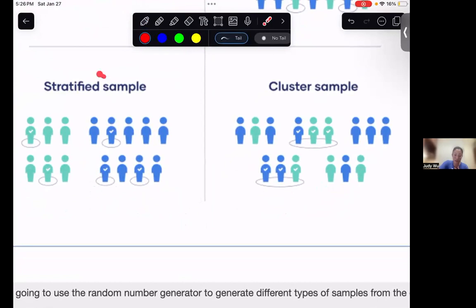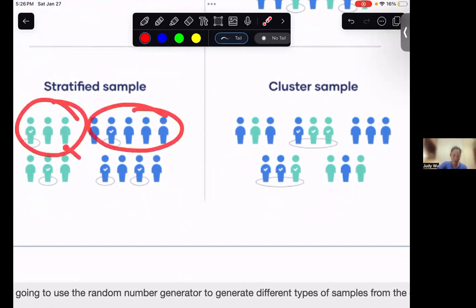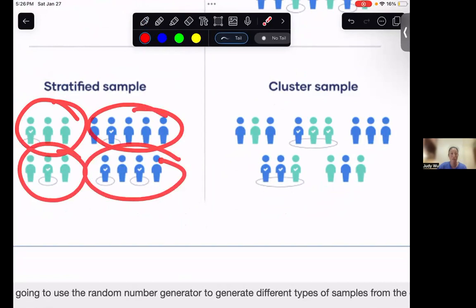Okay, so you might think about it, you stratify them, or you divide them into strata, or into clumps. Okay, but the difference here is that in a stratified sample, in each clump, you pick, like, say, 1 person or 2 people. So you pick representatives from every single group.